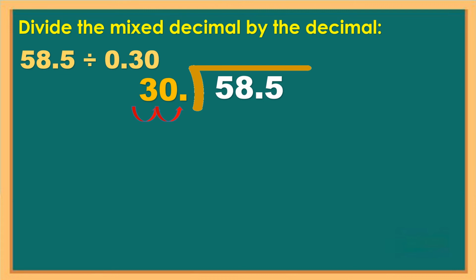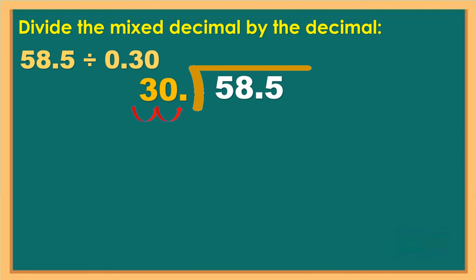For the 58 and 5 tenths, the number of movements on the divisor should be the number of movements also in the dividend. So two movements to the right on the divisor, so two movements to the right also on the dividend.